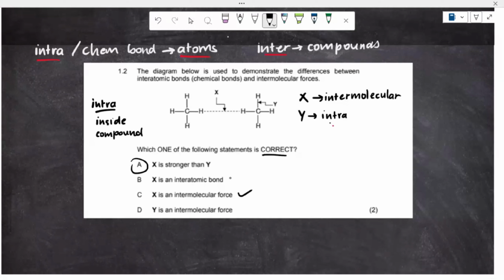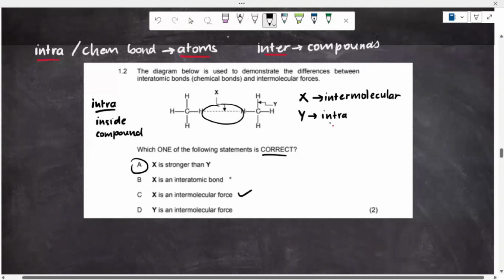Because if you think of how easy it is to break those bonds, that depends on how strong it is, right? So we didn't discuss it now, but typically your intramolecular bonds will always be stronger than the inter, right? I can just hold ice in my hand and it will start melting because I'm warming it up, whereas it's going to be quite hard for me to actually break the oxygen from the hydrogen.